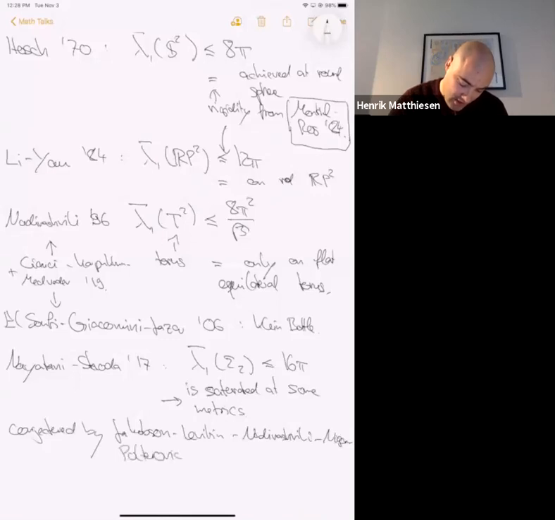They had exhibited the candidate that should achieve that 16 pi, but they didn't prove it, and then that was verified by Maeda-Tani and Shoda in 2017.